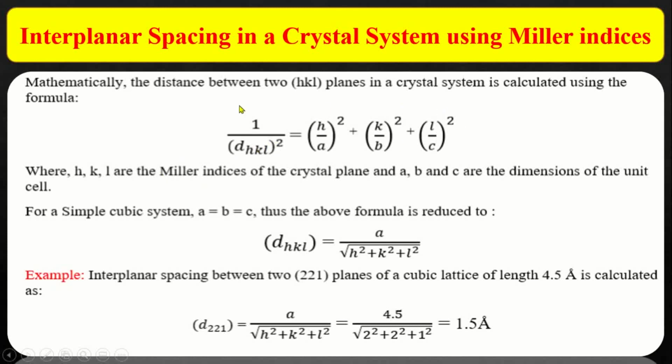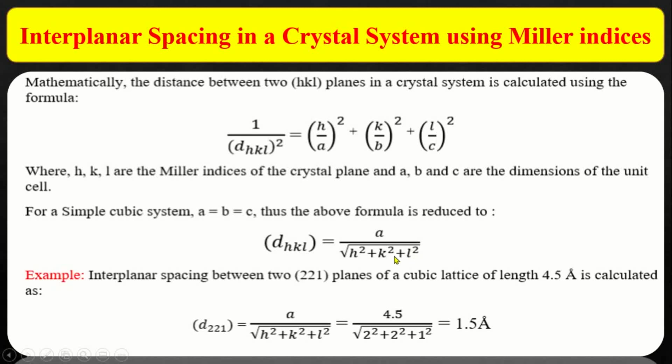Now, if we simplify this equation for a cubic unit cell or a cubic system, for which we know that the edge dimensions are equal because all the edges of a cube are equal, so a equals b equals c, this entire equation can be simplified and reduced to this formula: d_hkl is equal to a by under root h squared plus k squared plus l squared.